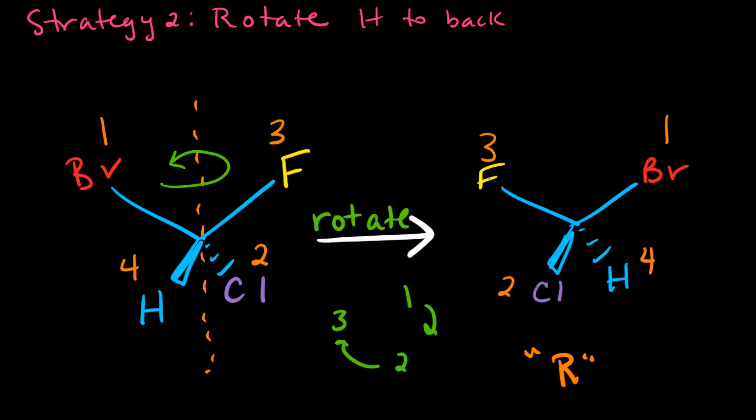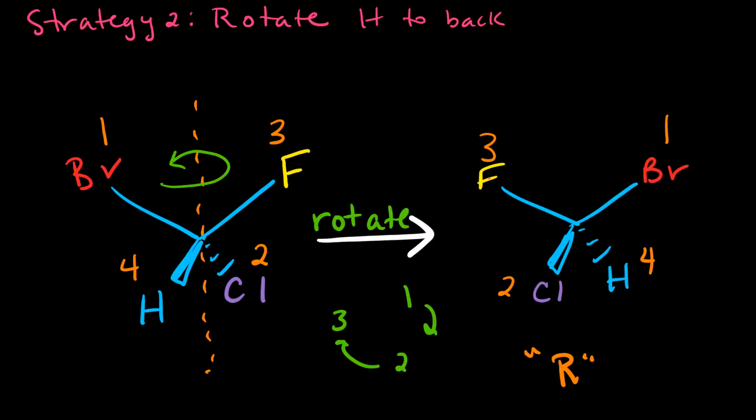If that first strategy doesn't work for you, that's fine. Here's another strategy you might want to try, and that would be to rotate hydrogen to the back. So if you could picture, I have an axis drawn in an orange dashed line here, and if we want to rotate group 4 to the back, we could rotate about that particular axis, and that would get hydrogen to the back position, and then you could just assign from there.